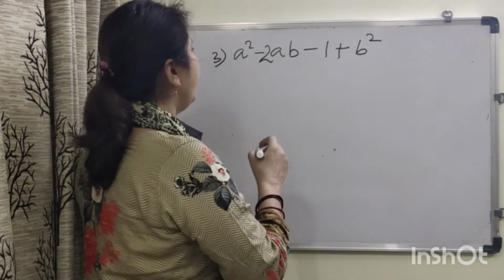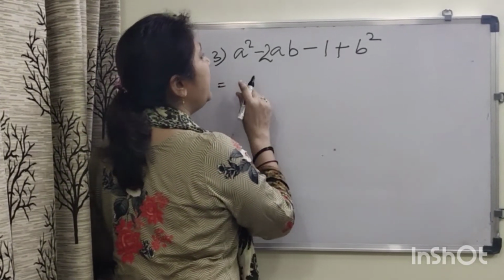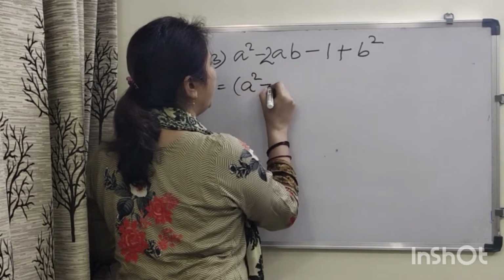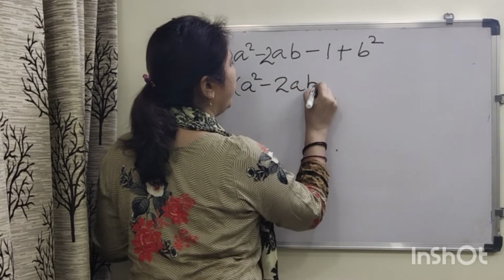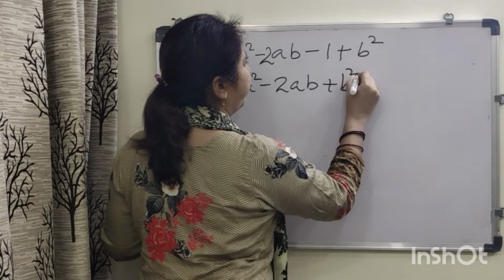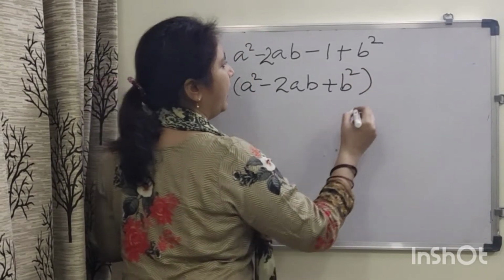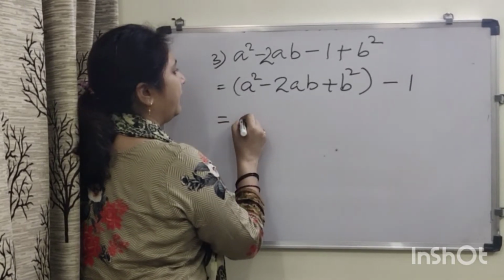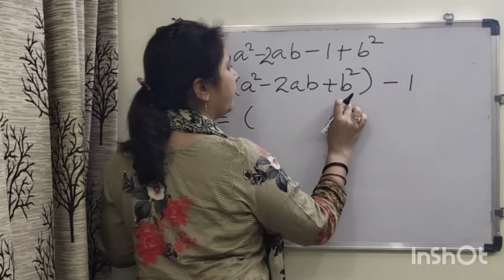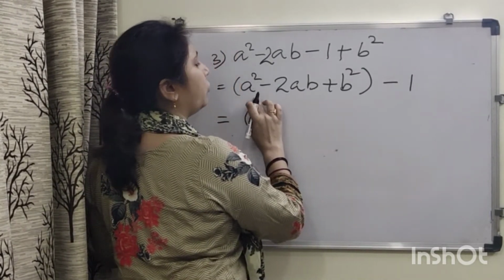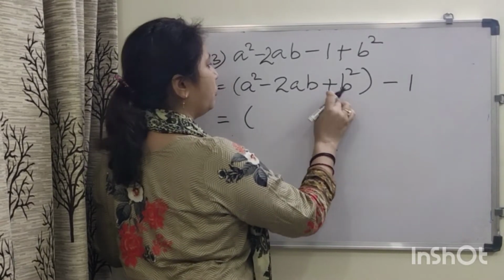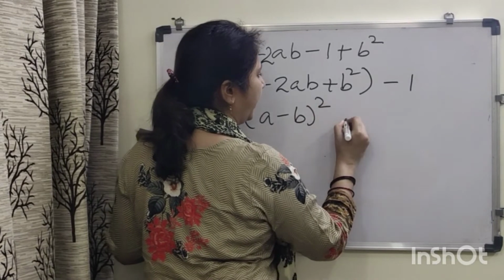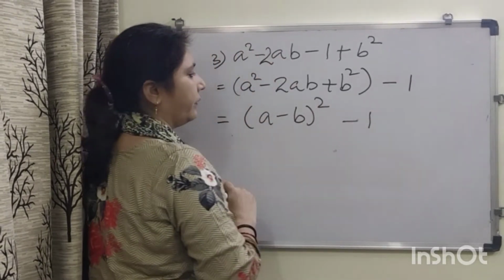So children, first we need to collect 3 terms to make a trinomial which provides you an identity. Here, we separate minus 1. If you look at this bracket carefully, a square minus 2ab plus b square is actually a minus b whole square, and the minus 1 is as it is.